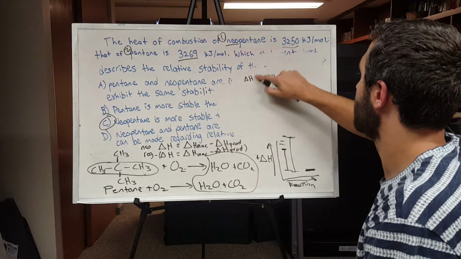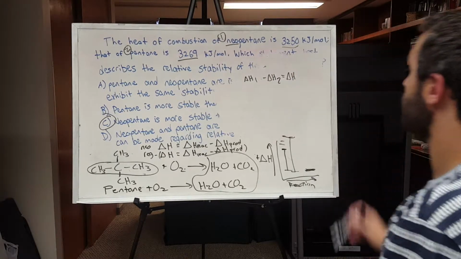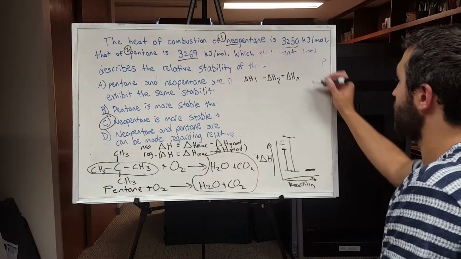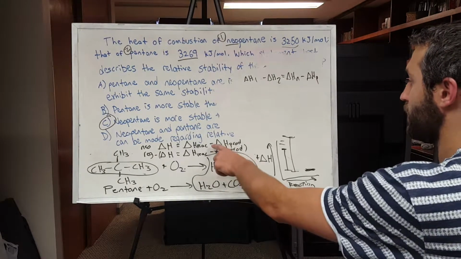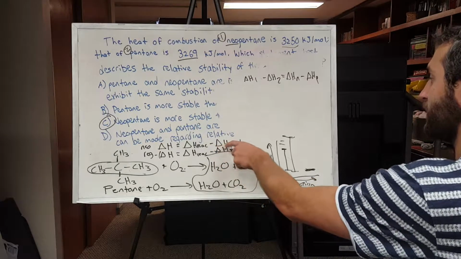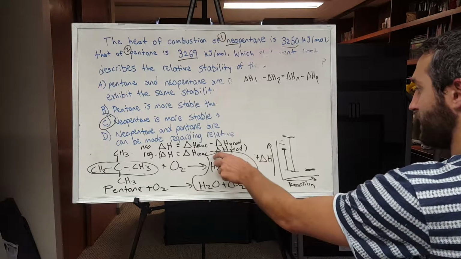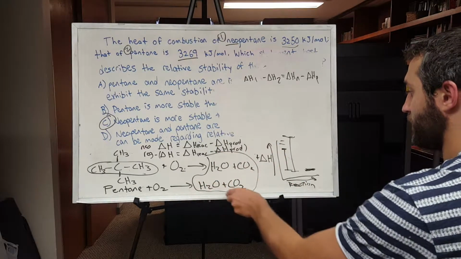So let's do delta H 1 minus 2. The reactant here is neopentane minus delta H pentane, and this becomes minus delta H of H2O CO2 minus negative, so plus delta H of H2O CO2.